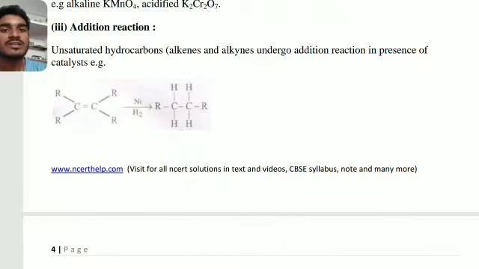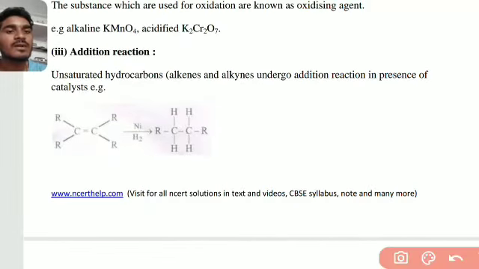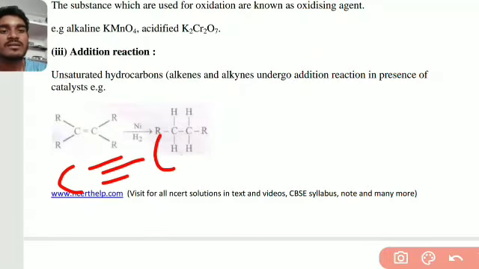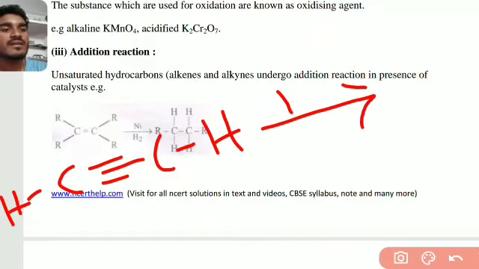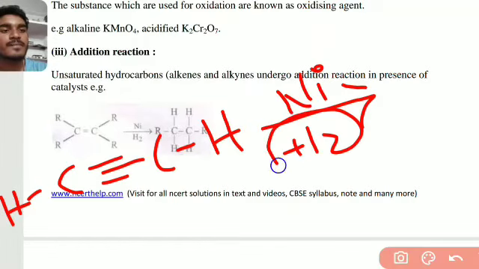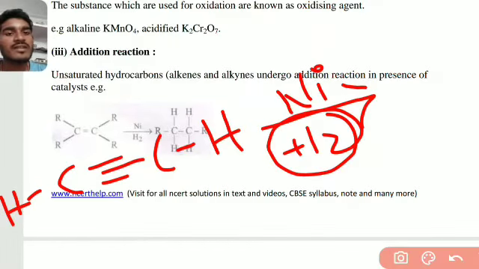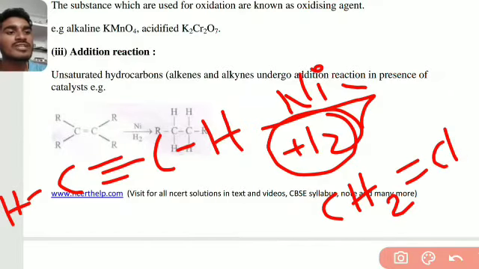For example, this is acetylene, a carbon triple bond with H on each side, in the presence of nickel catalyst and hydrogen. In its place, we get CH2 double bond CH2.